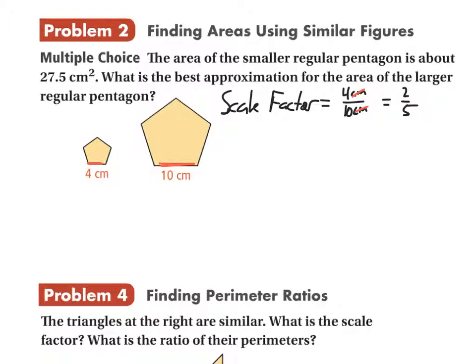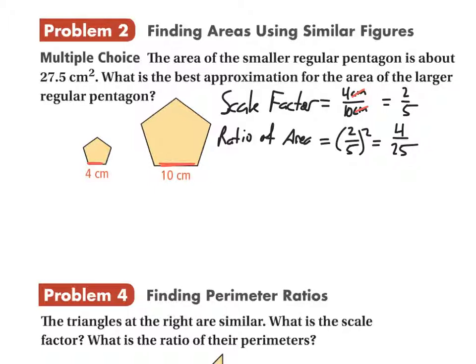Now what I need to do, since they're talking about area, I need to find my ratio of area. So I'm going to do what? The ratio of area is going to be 2/5 squared. So 2 squared over 5 squared is 4/25.